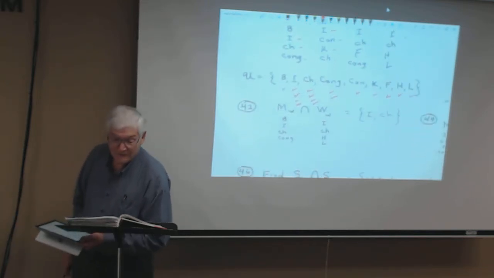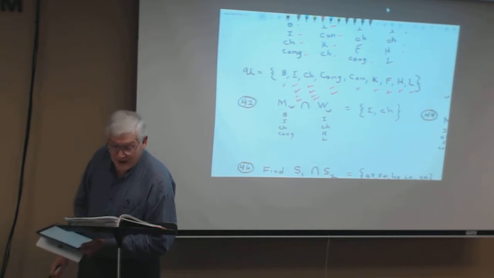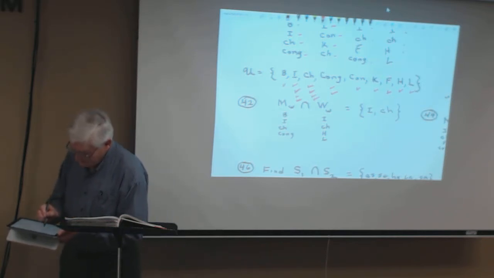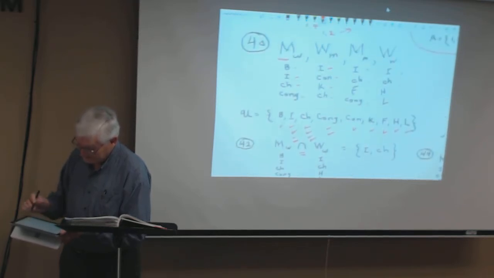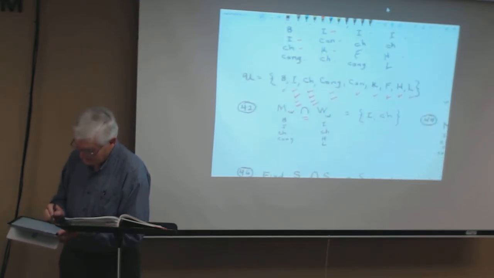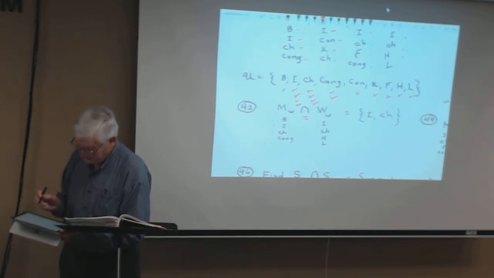Number 42. Find the intersection of M sub W and W sub W. Okay, what are the elements of M sub W? Here they are, B, I, C, H, and C, O, N, G. So I just put them down here. B, I, C, H, C, O, N, G. Oh, and I in intelligence.